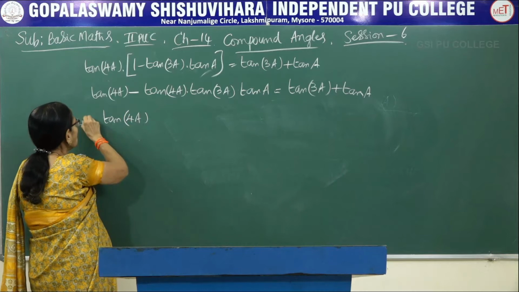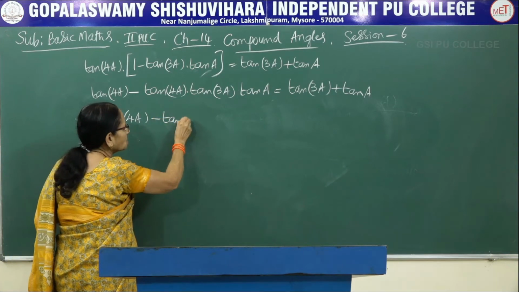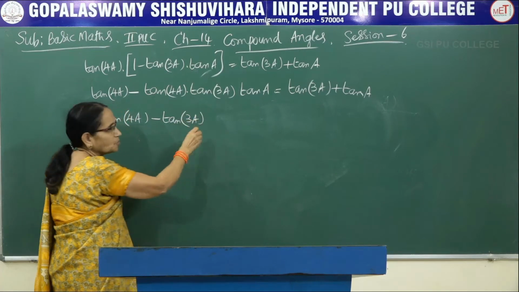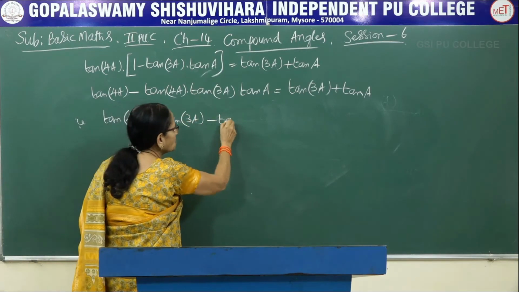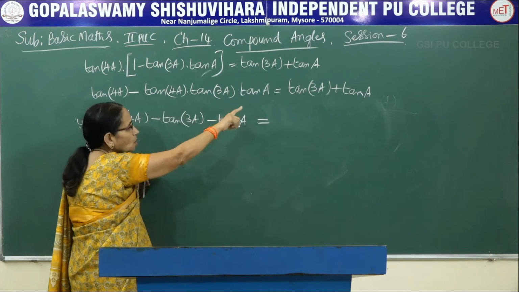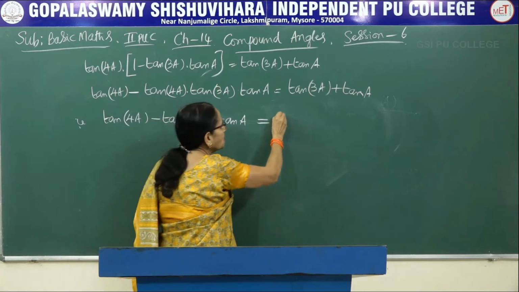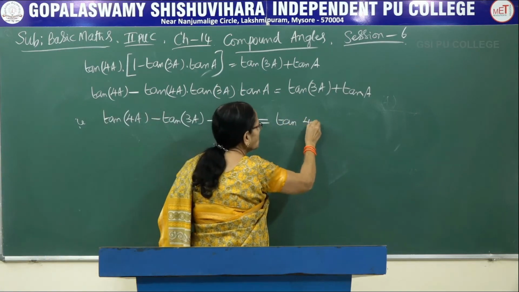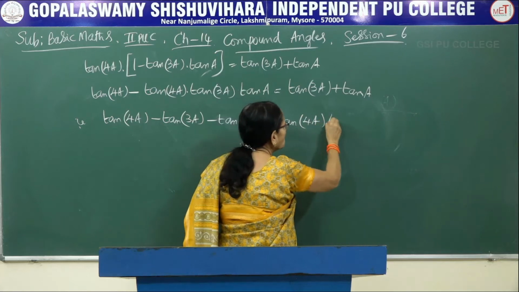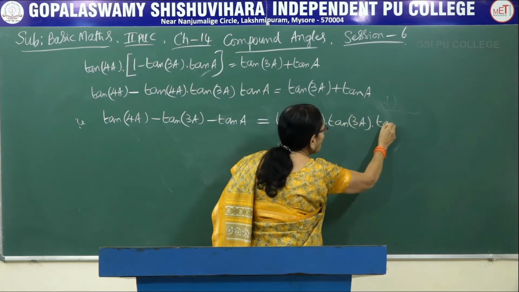That is, tan of 4A, write as it is, take it to the left hand side, it becomes tan of 4A minus tan of 3A, the other term becomes minus tan of A. Now shift the whole product to the right hand side, this is minus and automatically it becomes plus. So tan of 4A into tan of 3A into tan of A.